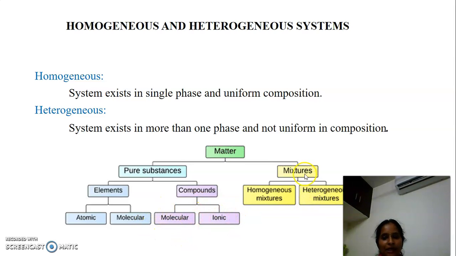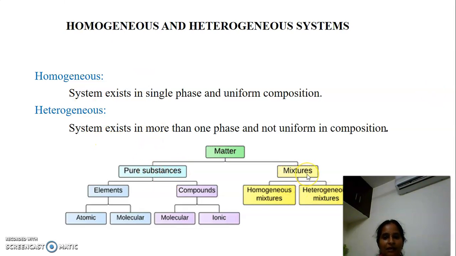In pure substances there are chemical reactions, and they exist as combinations of two or more types of molecules or atoms, bonded by chemical reaction.